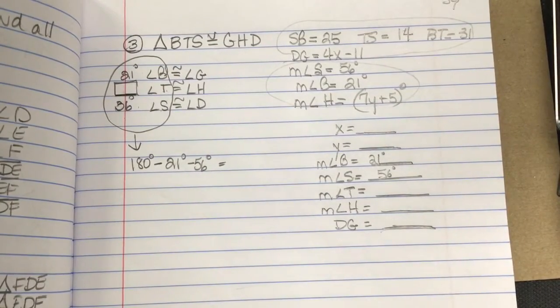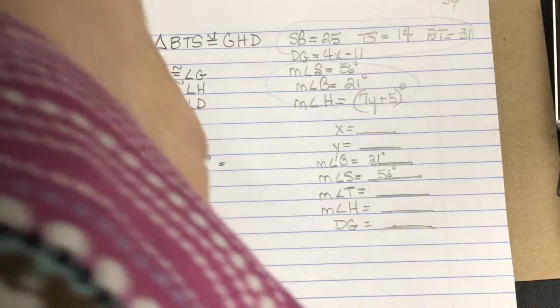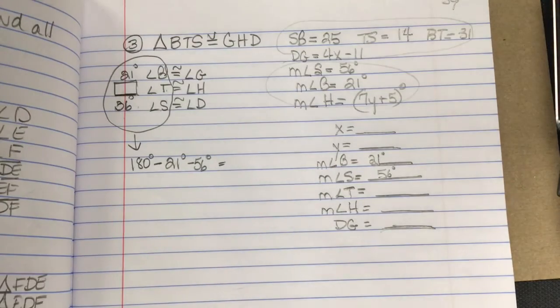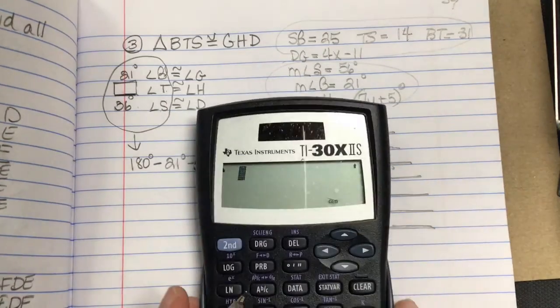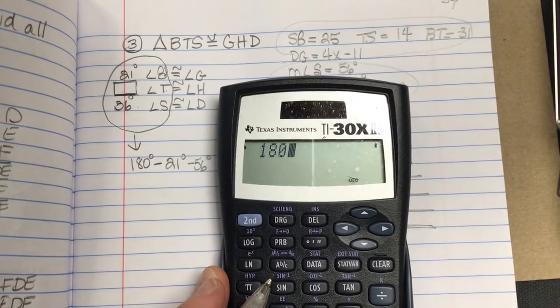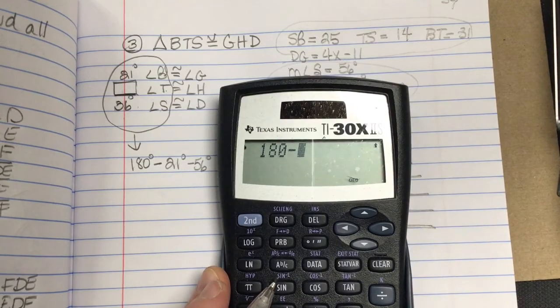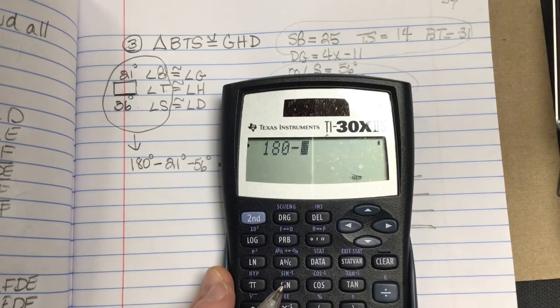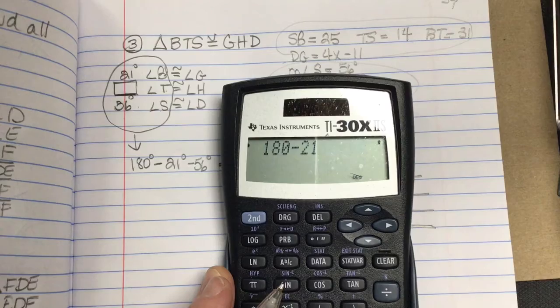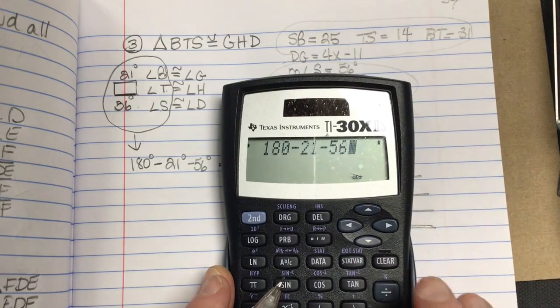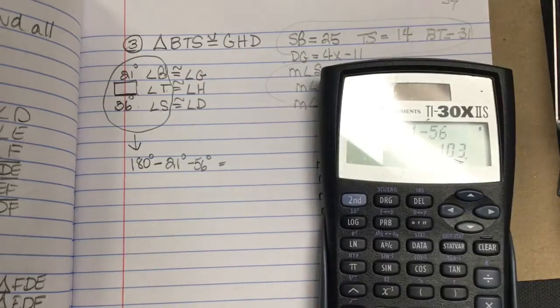I always tell people, especially with a graphing calculator next year in Algebra 2, push as few buttons as you can. So when I do 180 minus the 21 minus the 56, and I got 103 degrees.